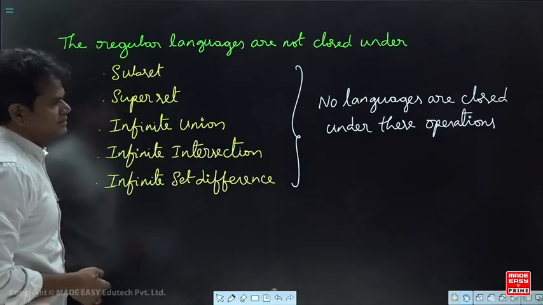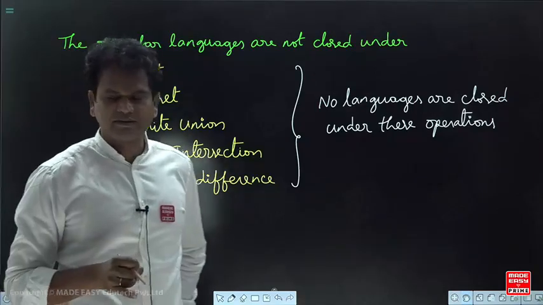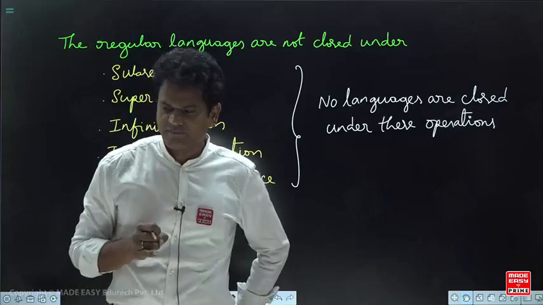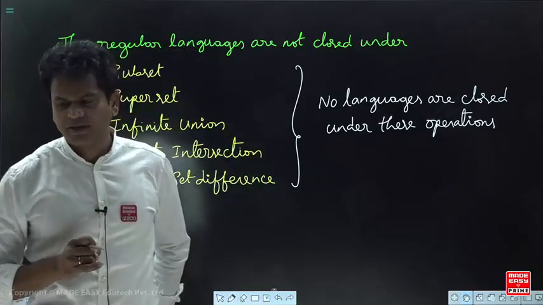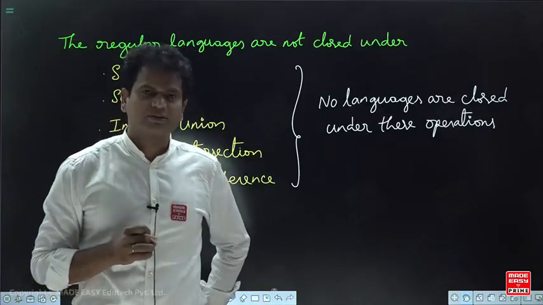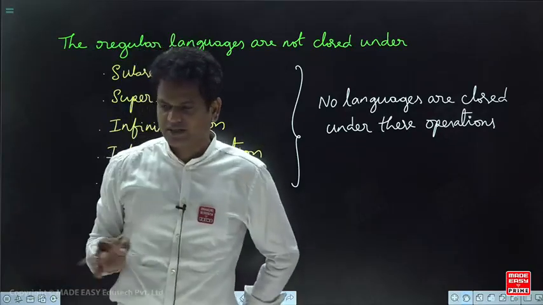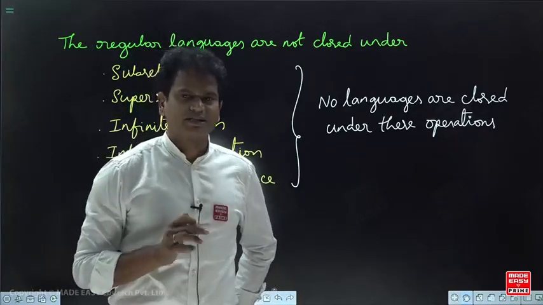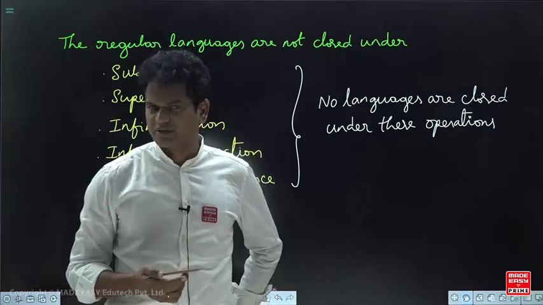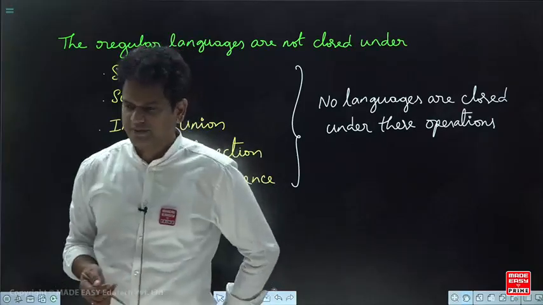No language means regular languages are not closed, CFL are not closed, context sensitive languages are not closed, recursive languages are not closed, recursively enumerable languages are not closed. What are these CFL, CSL, recursive enumerable? We will see in future.